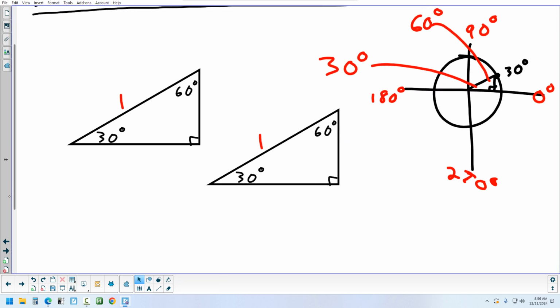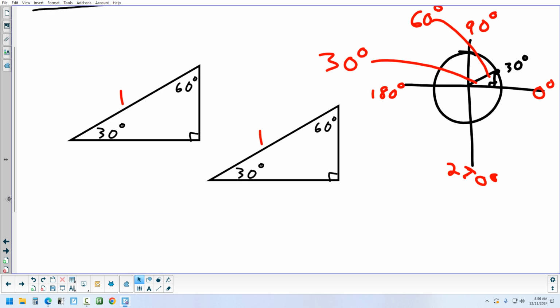So, anybody have any thoughts how I'm going to figure out another side in that triangle, but not using Pythagorean theorem yet? Yep. There's the 30, 60, 90 right triangle. So yes, the sides theorem. I forget what it's called. If you had that memorized, yep, you could use that.